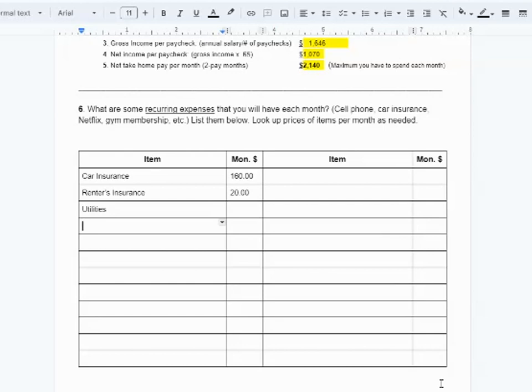But what are some other things? Maybe you want to have Netflix. I don't know at the moment how much regular Netflix is, but it's somewhere around $9. So I'm going to put in $9. You need to look it up. But for this sample, I'm just showing you where to put it. If I'm going to have Netflix, I need internet. And quite honestly, if you want to do any of the things, you probably need internet.